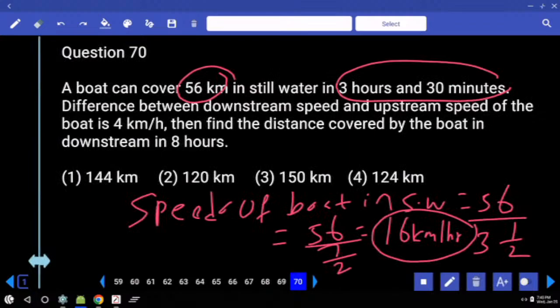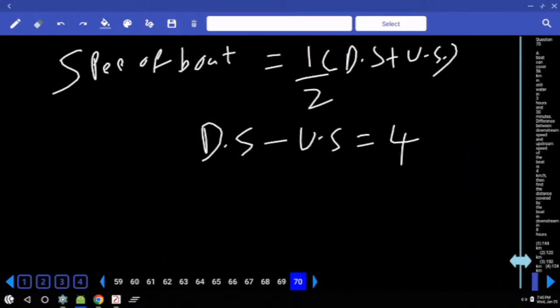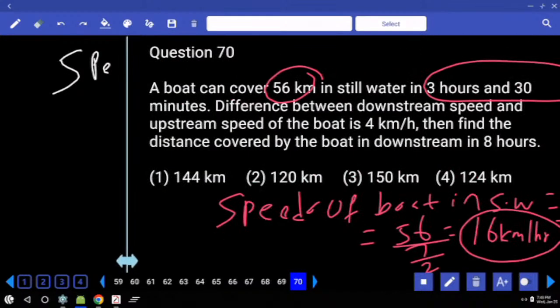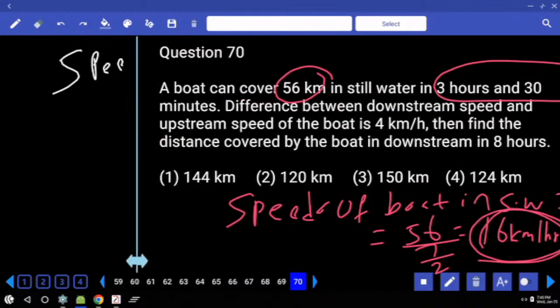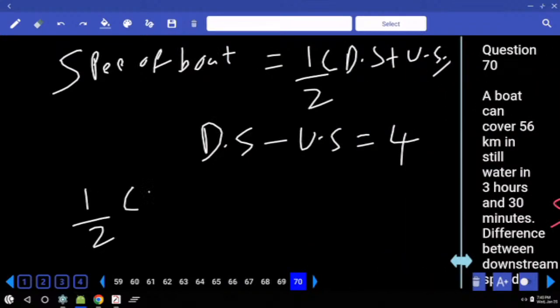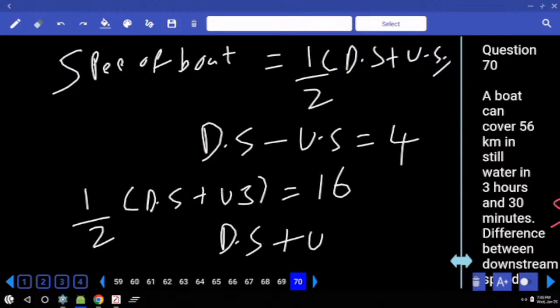Is asking what, find the distance covered by the boat in downstream in 8 hours. Ante we need downstream speed. Yes or no? No, already speed of boat in still water anta ante half into DS plus US is what? 16. Avuna kada? Ante DS plus US anta 32.